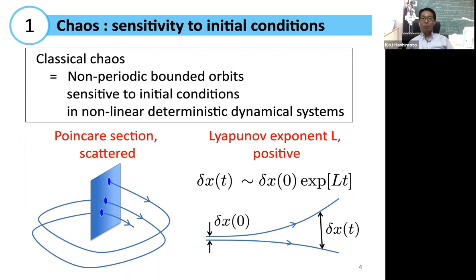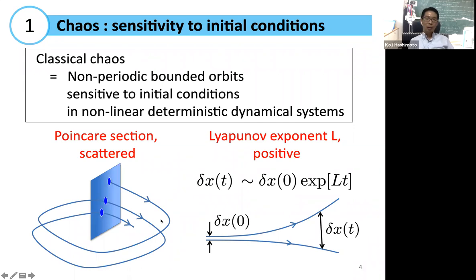So first you need to regularize it. In classical chaos, there are two ways to see the chaos. One is the so-called Poincare section. Suppose this is the phase space of a classical system. If it is a one-dimensional system, then phase space is two-dimensional. If it is a two-dimensional classical system, then phase space is four-dimensional. This picture is a kind of three-dimensional phase space.